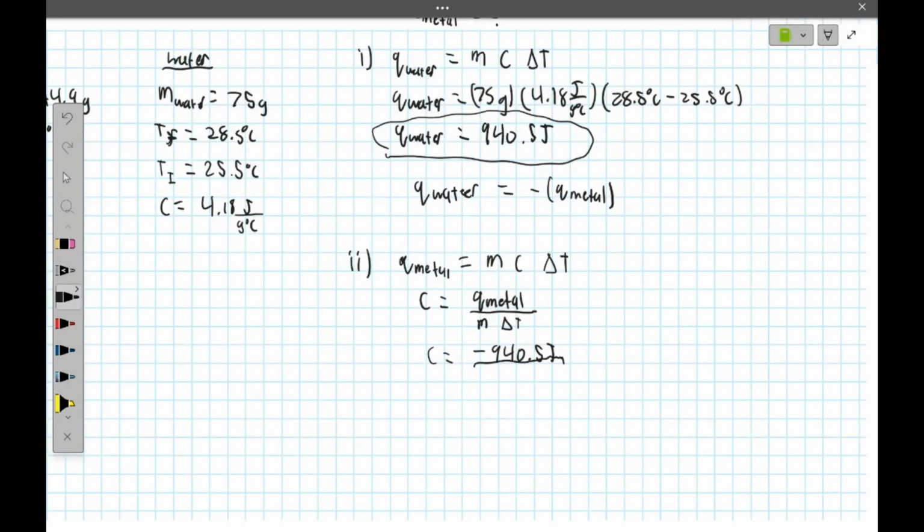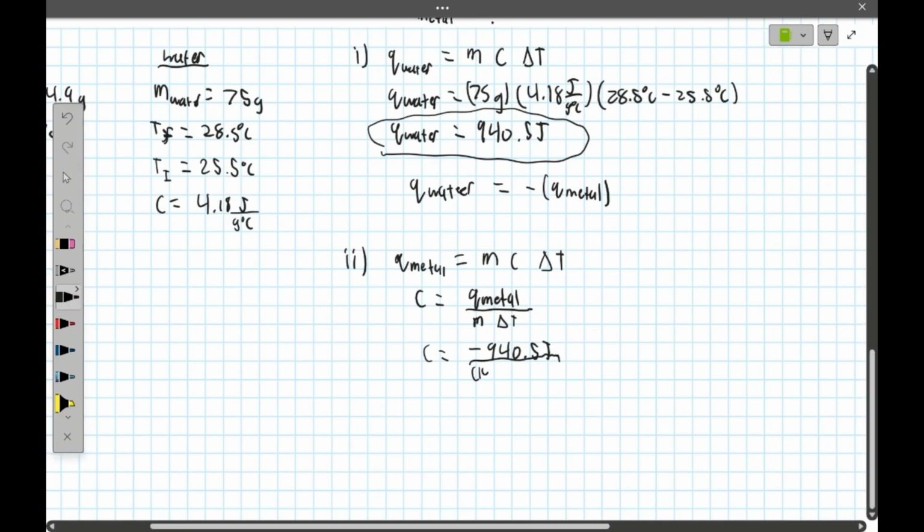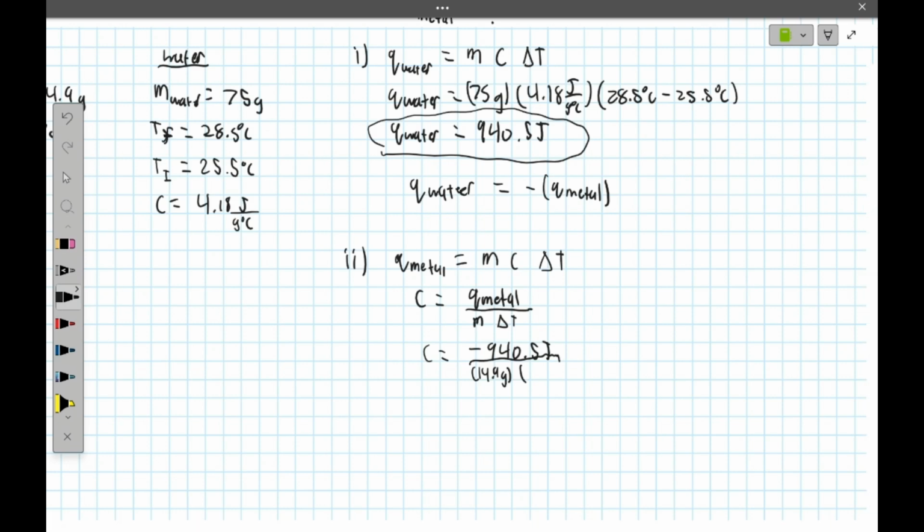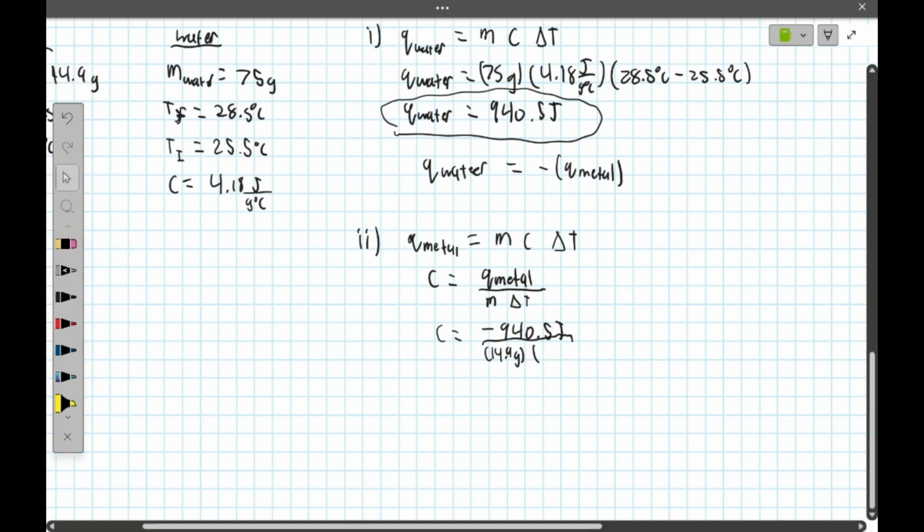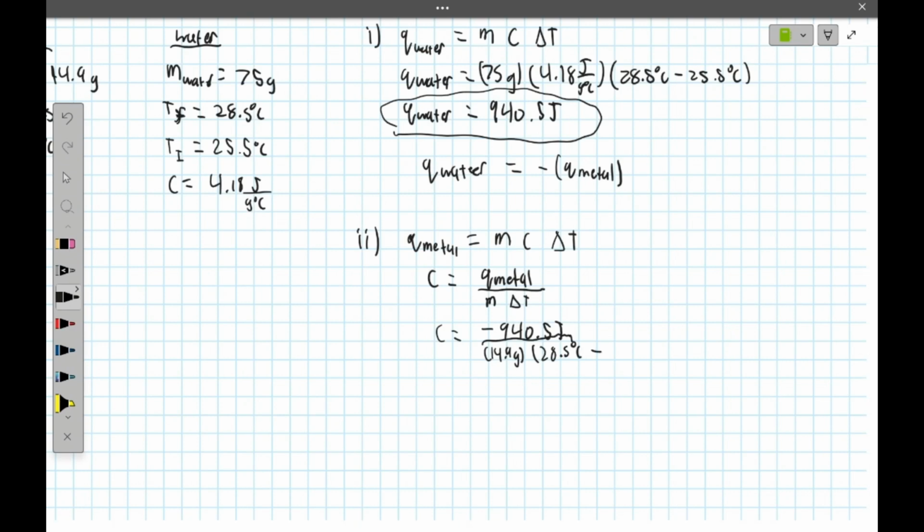Mass is equal to 14.9 grams, and the temperature, which is the final minus initial, so 28.5 degrees Celsius is the final, and the initial was 98 degrees Celsius.